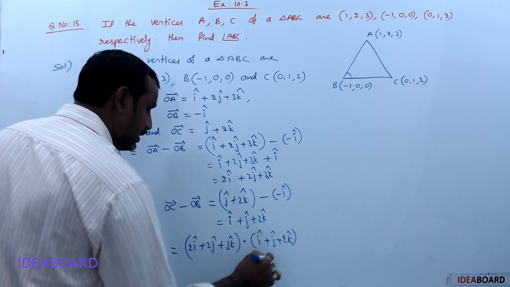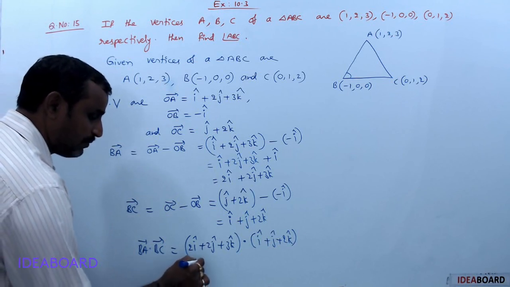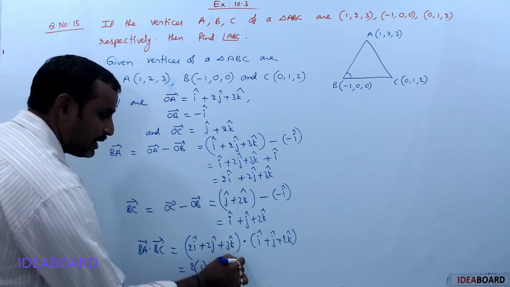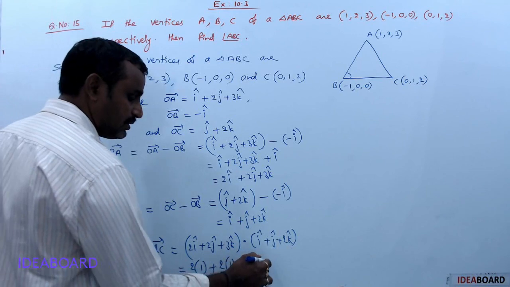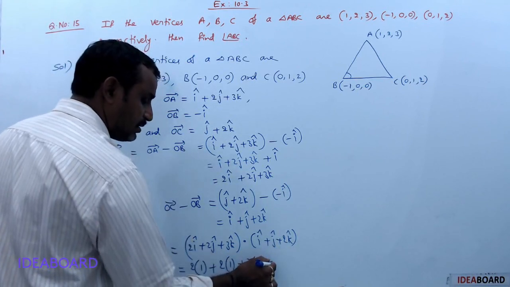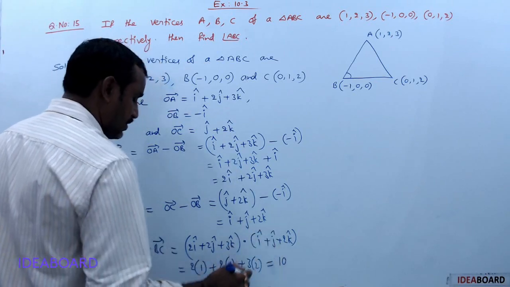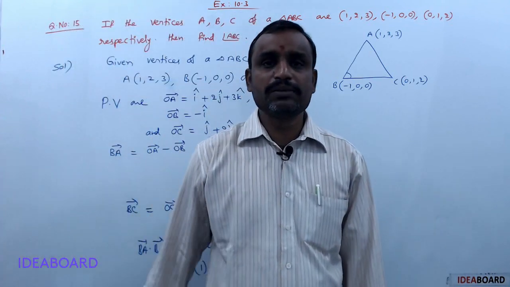Simplify: i coefficients 2 times 1, plus j coefficients 2 times 1, plus k coefficients 3 times 2. You get 2 plus 2 plus 6, which is 10. So BA bar dot BC bar is 10.